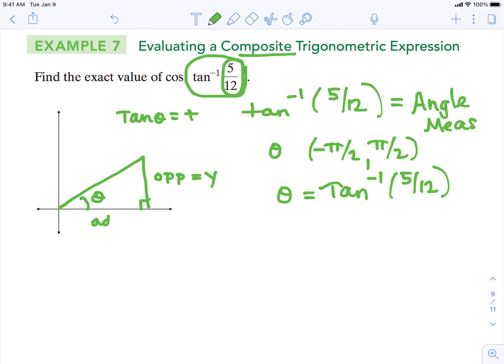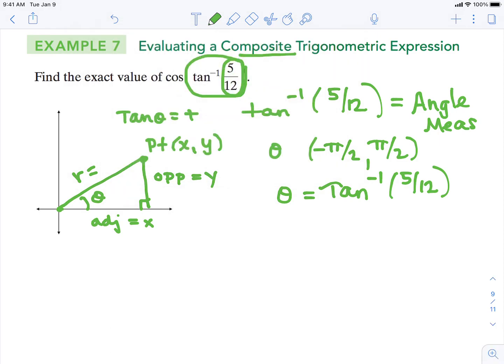Your side adjacent is your x distance, and then you have your point up here, x comma y, and then you have your radius, which is the distance from the origin to that point. So we're looking for who is your y and who is your x.